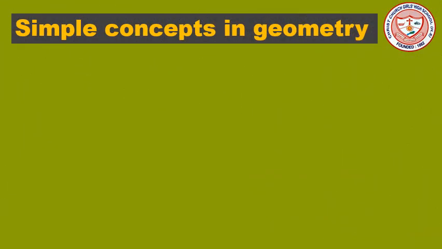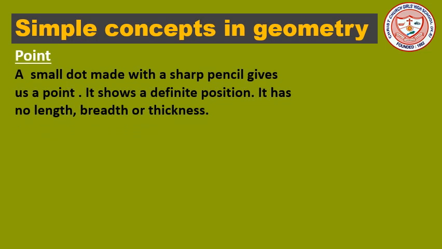Now we are going to learn about simple concepts in geometry. Let us start with point. So, what is a point? A small dot made with a sharp pencil gives us a point. It shows a definite position.